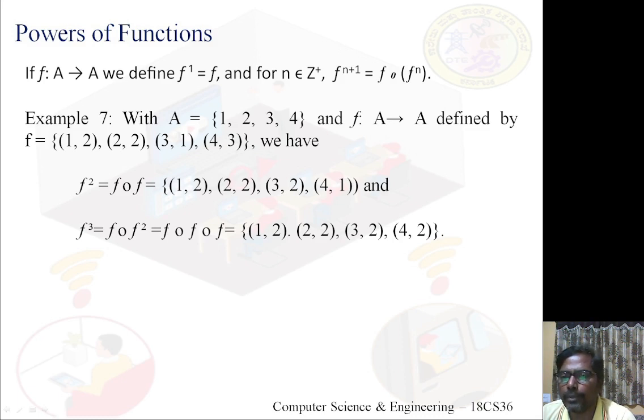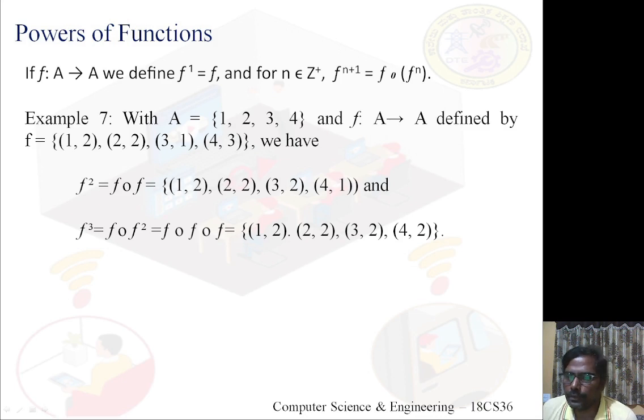The second ordered pair (2, 2), 2 is mapped to 2. The third ordered pair (3, 1), it means 3 is mapped to 1. And the fourth ordered pair (4, 3), that is 4 is mapped to 3. So we are given function f.